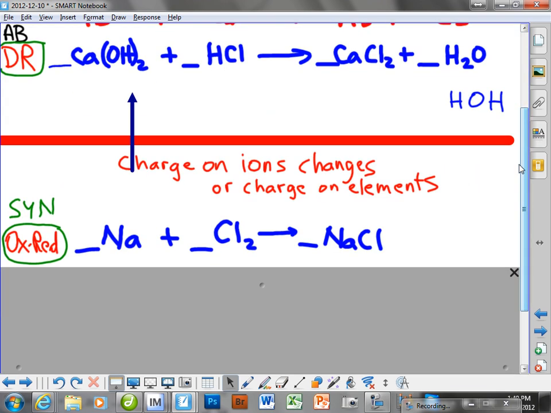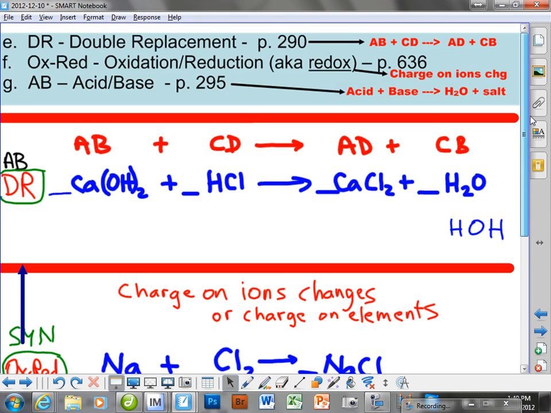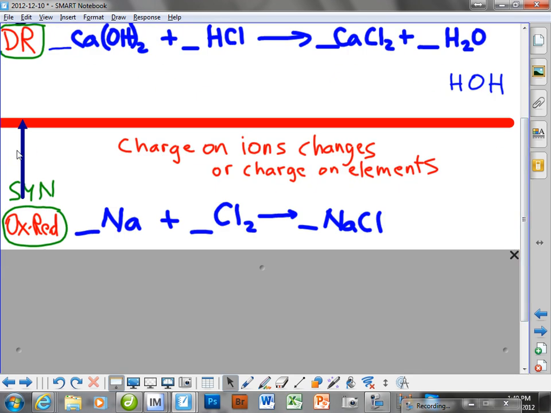And so, yes, calcium chloride is a salt. All right, so we've got acid-base and a double replacement. Now, the primary thing that I was showing the second equation for was to get you the oxidation reduction. And that's why ox-red is circled here.